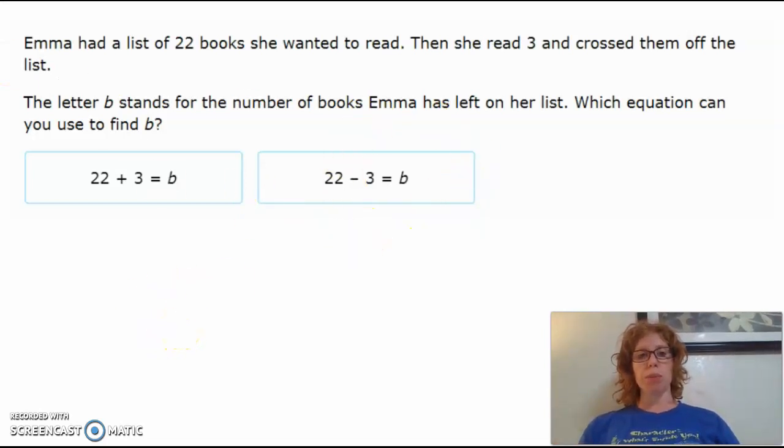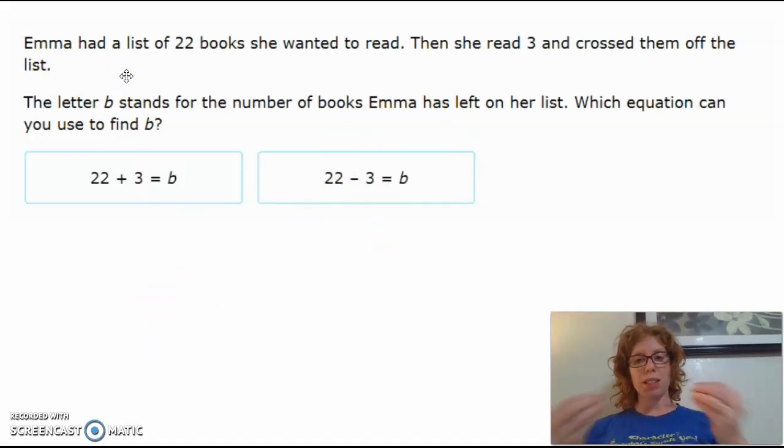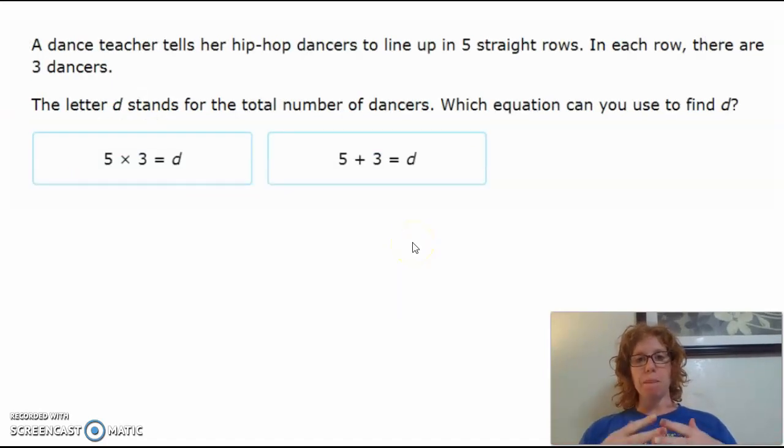So in word problems, I want you to think of what's happening to the amount and how it's happening. In the first problem, the amount of dancers was getting larger, right? We were adding the amount of dancers over and over again. So when the amount is getting larger at the same rate, the same number over and over again, you are multiplying.